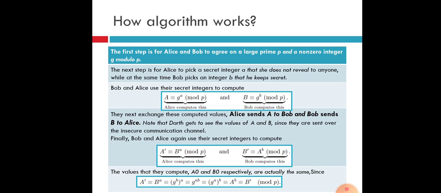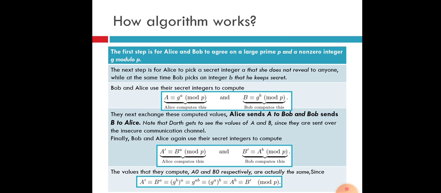She does not reveal it to anyone, while at the same time, from the receiver end, Bob picks an integer b that he keeps secret. Bob and Alice, that means sender and receiver, use their secret integers to compute.